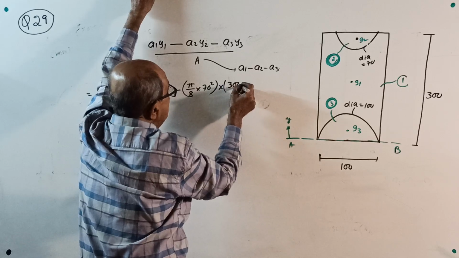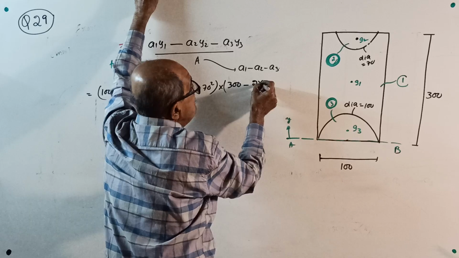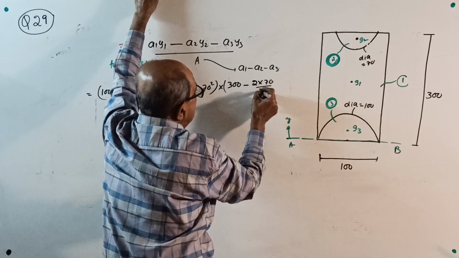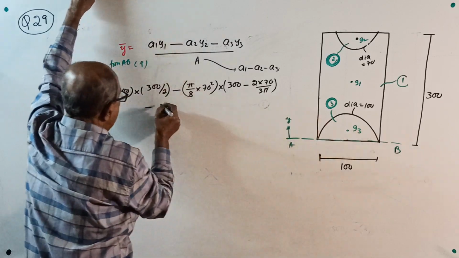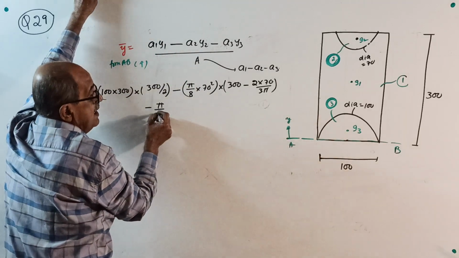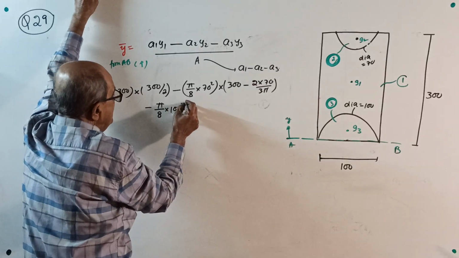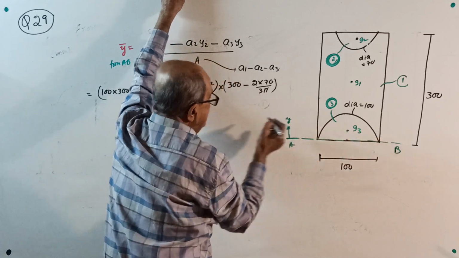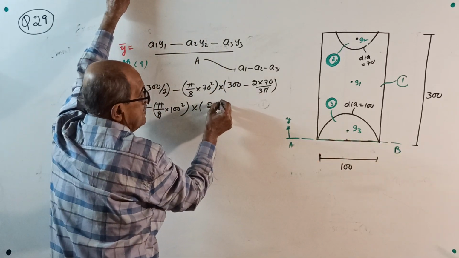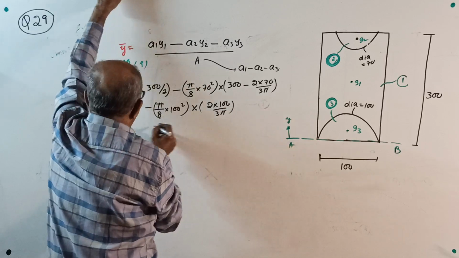300 minus 2 times diameter 70 divided by 3 pi, again minus pi by 8 of 100 square, one more area, into its centroid from here, 2 times 100 divided by 3 pi.